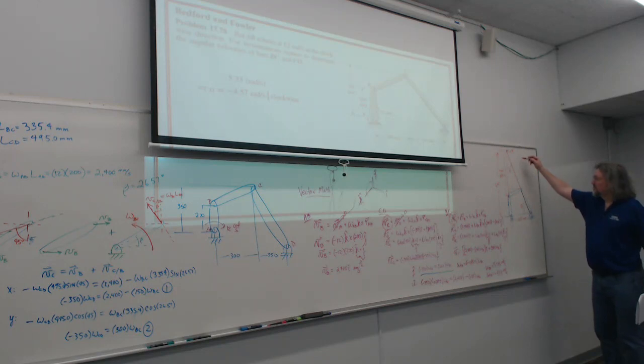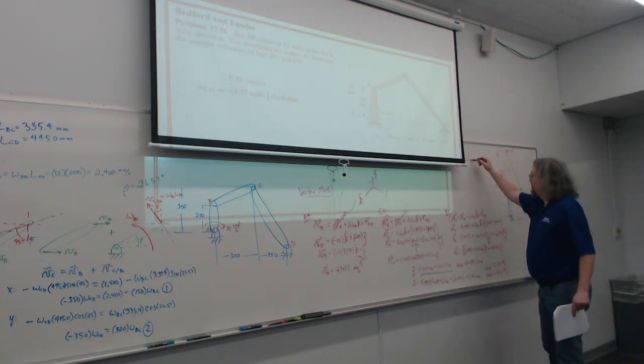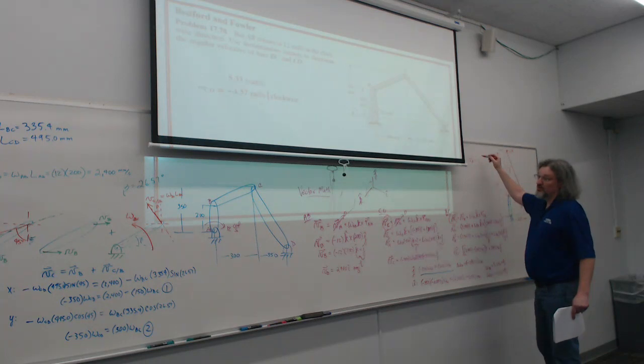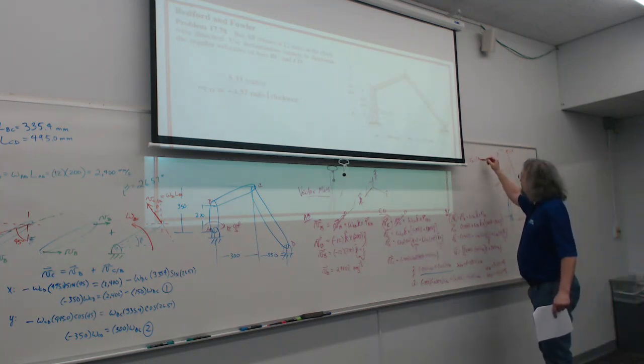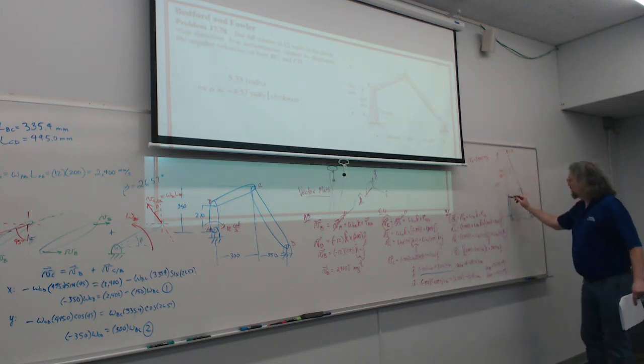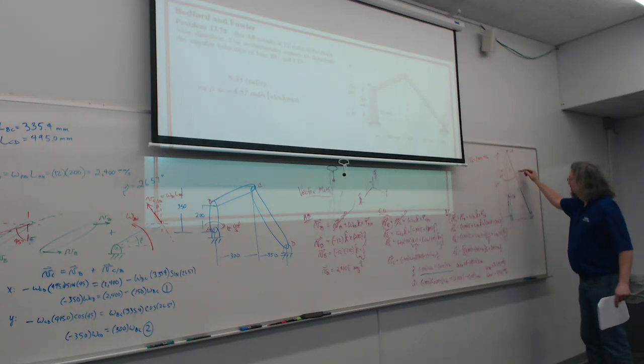So we know that the velocity of B is equal to 2,400, going that way, so we can find omega BC.